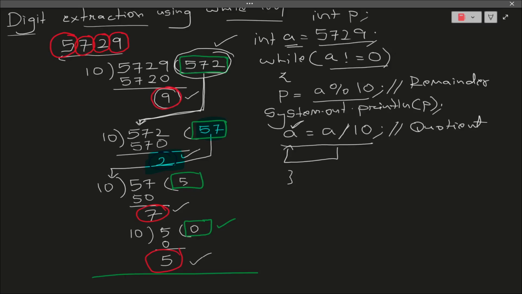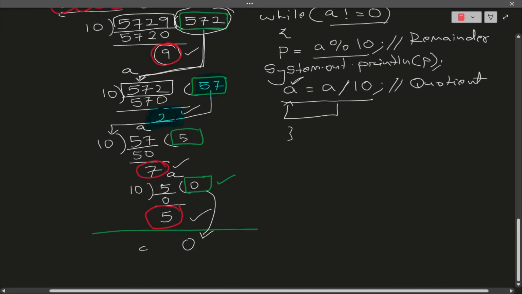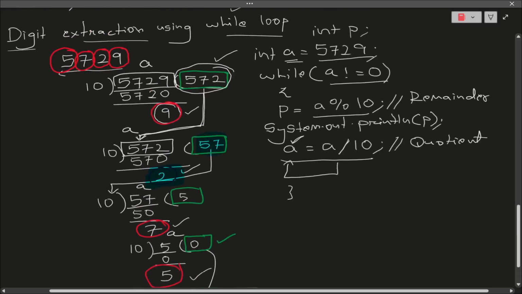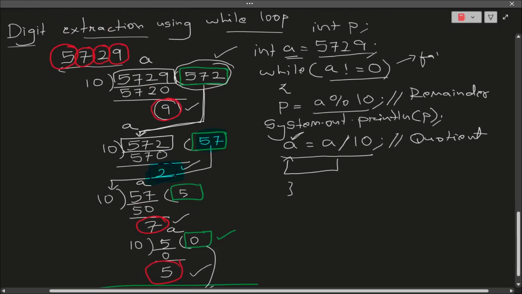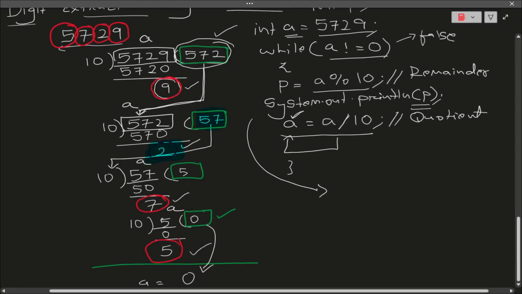So every time my a is also changed: now my a is 572, then 57, then at last 5, and finally 0. So when my a is 0, this loop becomes false and comes outside of the loop. At that time, you will notice that your digits are already printed. First 9 will be printed, then 2, then 7, then 5. Did you get this, everybody?